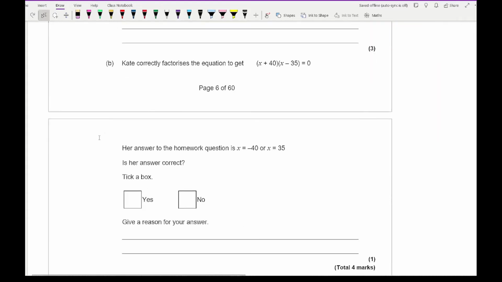The next question then says that Kate correctly factorizes the equation to get this, and it says her answer to the homework question is x equals minus 40 or x equals 35. Is she correct? Now, although she's factorized it correctly and she has got the 2 right solutions, that shouldn't be her correct answer. So the answer there is no, and the reason for that is because x cannot be negative.